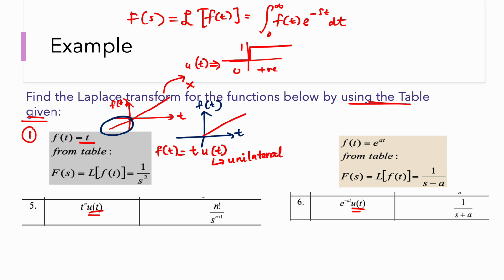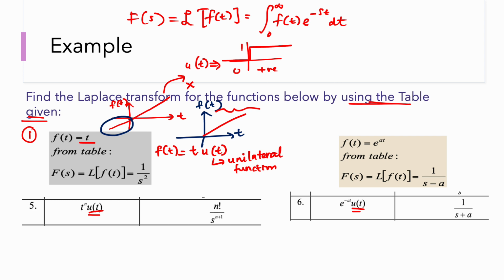A unilateral function means we only consider one side of the graph, and we will not consider the negative side because it is multiplied with the unit step.